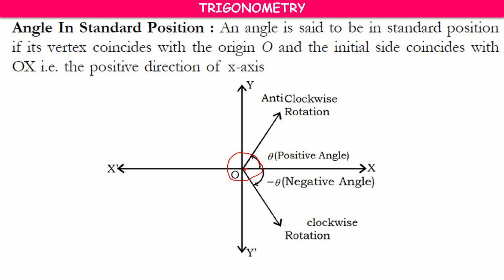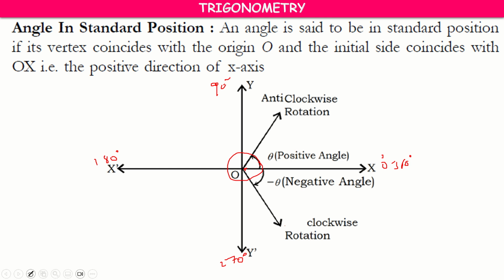Suppose this is at 0 degrees, then here it is 90 degrees, here it is 180 degrees, and here it is 270 degrees. And again here when it comes to the end, where it started it closes, it is 360 degrees. Understand? So one complete rotation is completed.